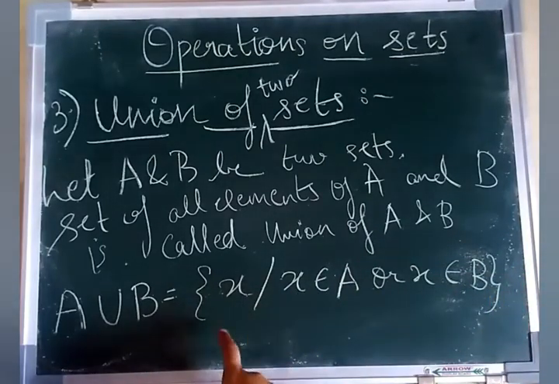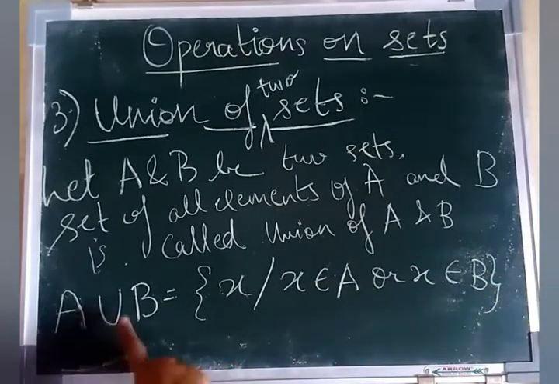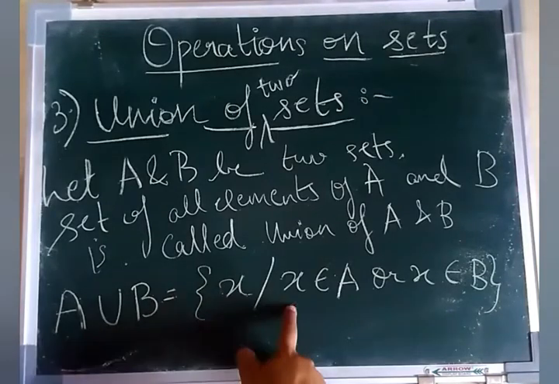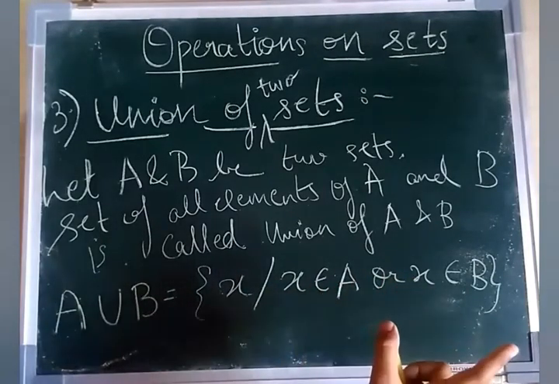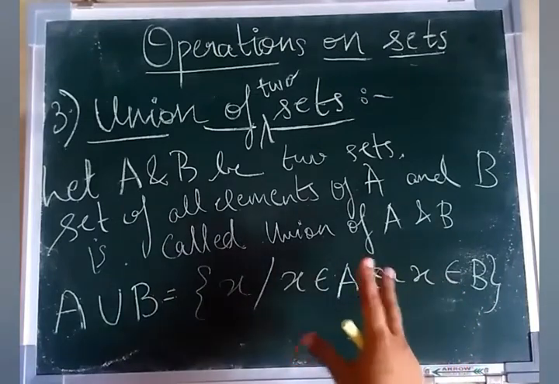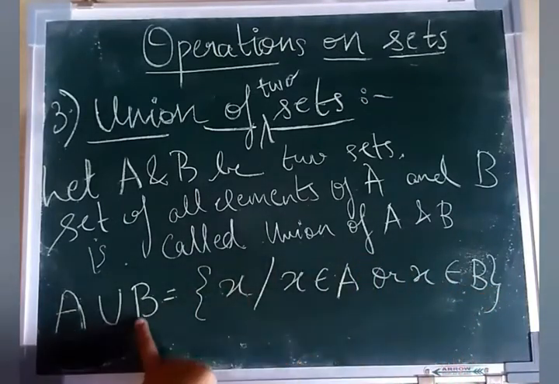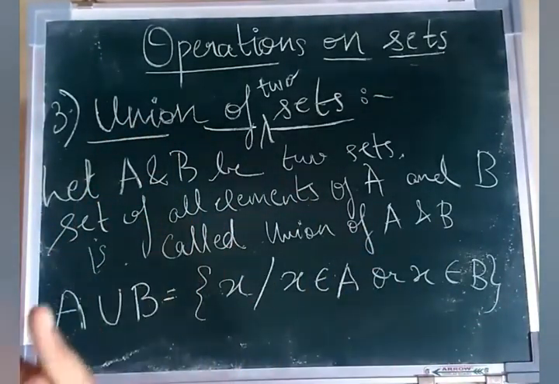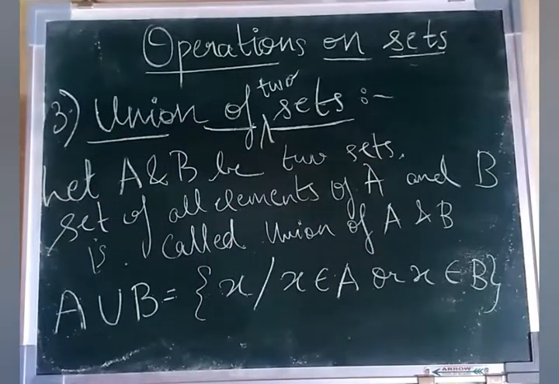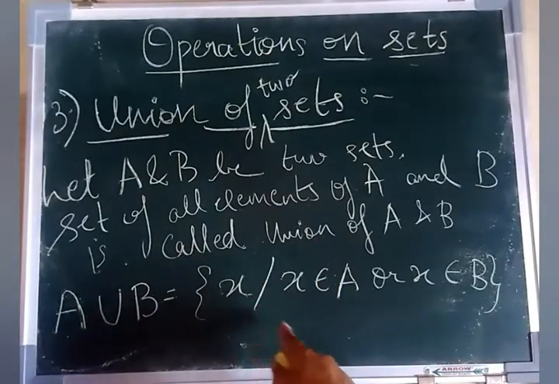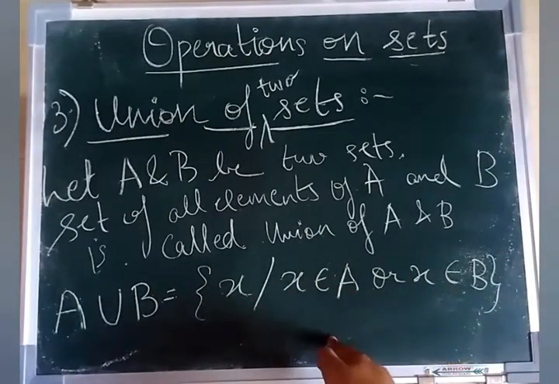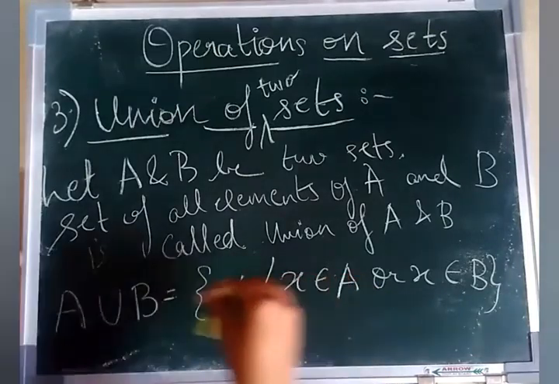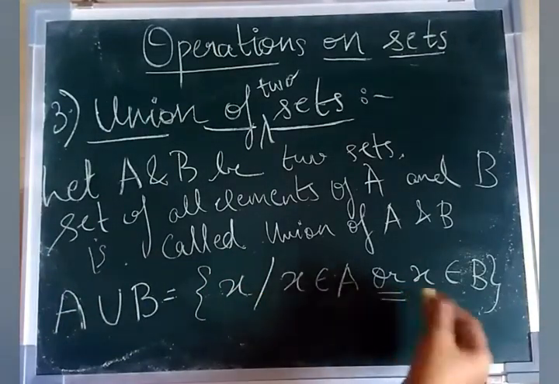Okay, so when we were discussing the definition of intersection, we were forming a set of x such that x is in A and x is in B. So we want x to be in both the sets. Here A union B means we are just writing down all the elements together of set A as well as B. So the elements in it should either be in A or in B. It is not necessary that it should be in both. Even if it is in A, then it is in the union, or it is in B, then it is in the union. Okay. So this is the key word in the definition.